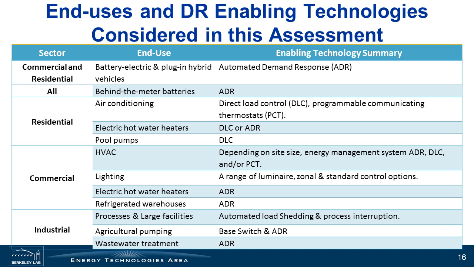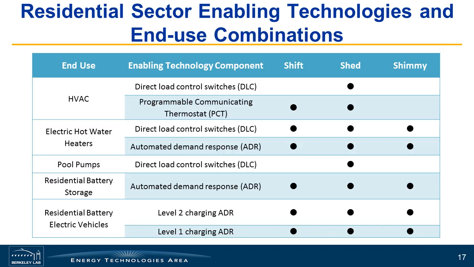Obviously, this is not an exhaustive list, but the idea was to at least begin capturing some of these costs in the range of end uses and technologies that can help provide bulk power system services. And so next, what we're going to do is take a deeper dive into matching these end-use, sector-based enabling technologies to the bulk power system services that they can provide.